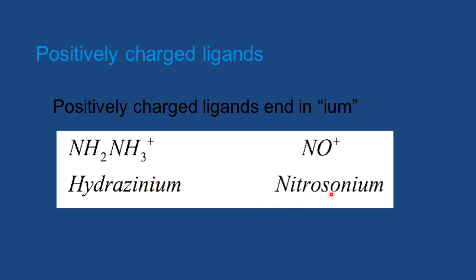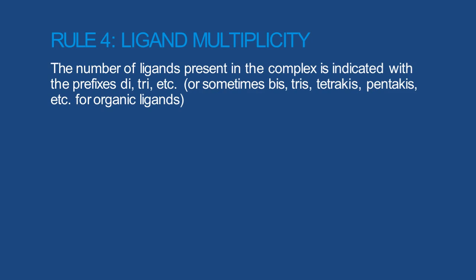Students, next we are going to discuss the ligand multiplicity rule. The number of ligands present in a complex is indicated with prefixes like di, tri, etc. Or sometimes we use bis, tris, tetrakis, pentakis for organic ligands.